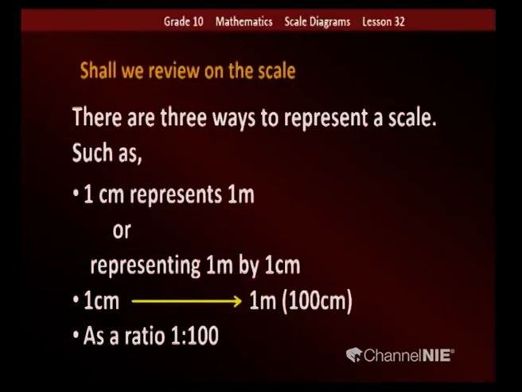There are different types. I will explain to you. See the ways. You can say 1 centimeter represents 1 meter. Or else you can say representing 1 meter by 1 centimeter. That's what I use there. The 1 centimeter, 1 meter, that is the relationship.